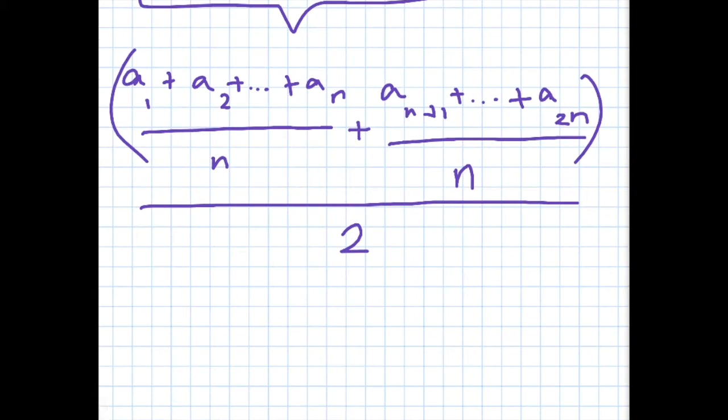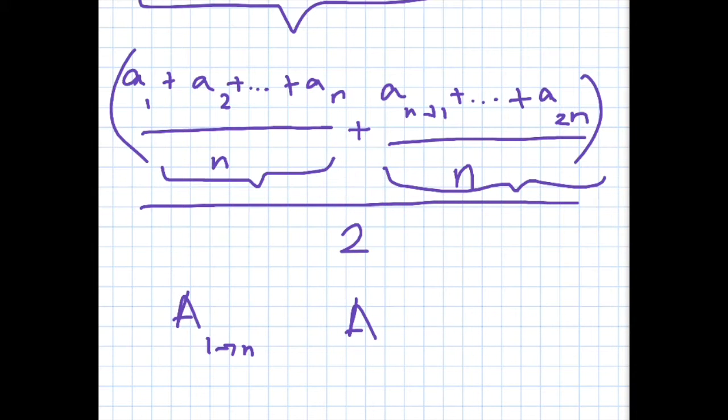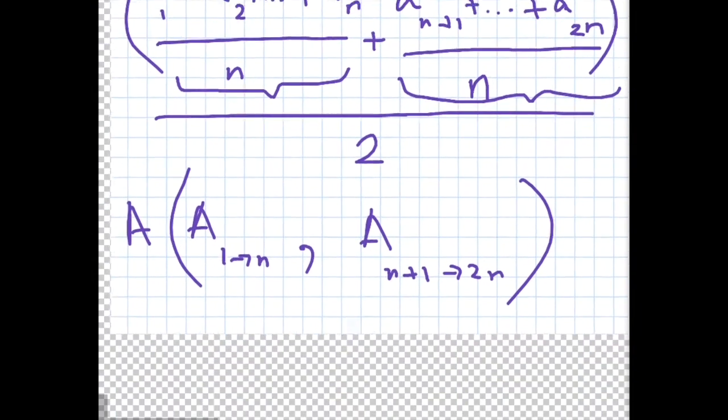Now consider this whole term as one number and this whole thing as another number. The first is the arithmetic mean of 1 to n, the second is the arithmetic mean of n plus 1 to 2n, and the overall thing is the arithmetic mean of these two numbers, because we are adding these two numbers and dividing by 2.